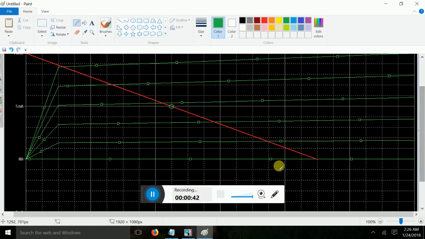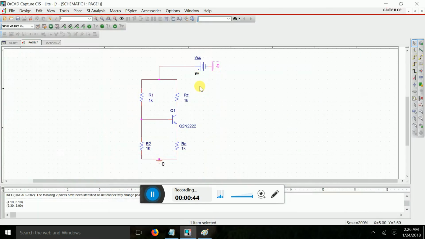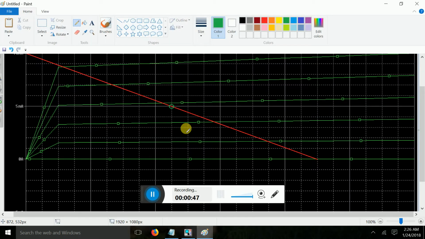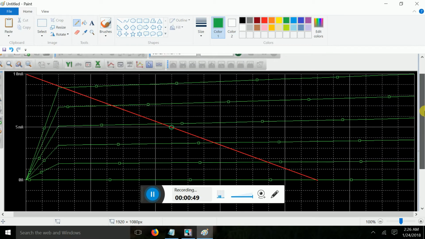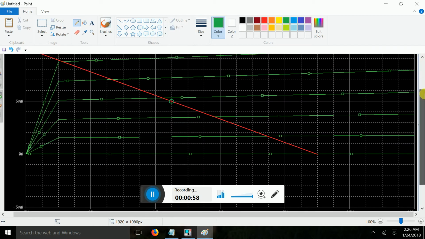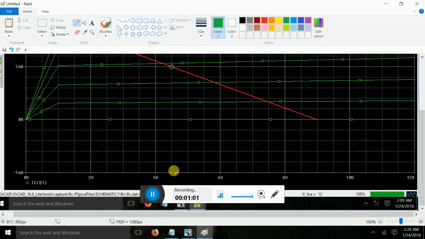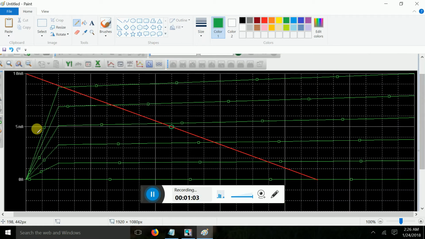Now, if VCC is 9 volt, then you know that to work properly for an amplifier, the Q point must be in the middle of the load line. So VCE must be 4.5 volt when ICQ, the quiescent collector current, will be 5 milliamperes and the IC max will be 10 milliamperes.